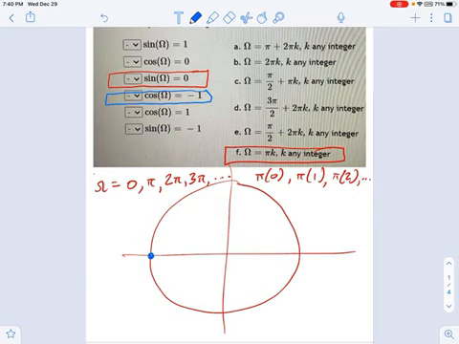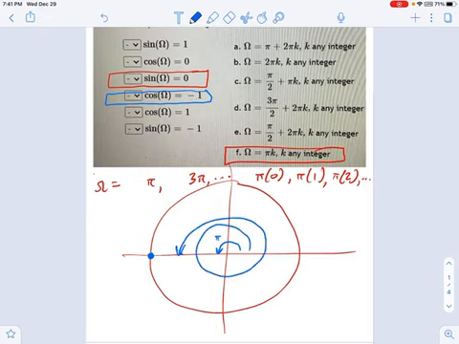But it's a little different because this time, sorry, I said 0, but I didn't mean it. 0 is not a solution. Pi is a solution, 3 pi is a solution, and so on. Basically, every time you go around this circle halfway: pi, 3 pi, and so on.